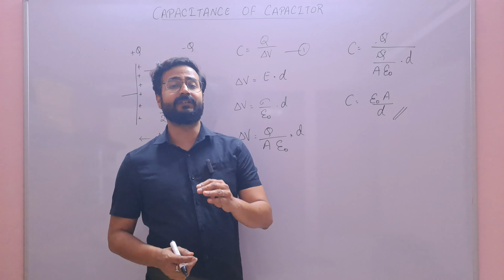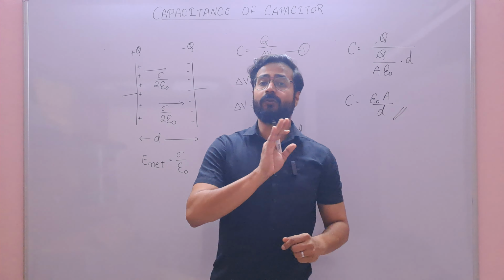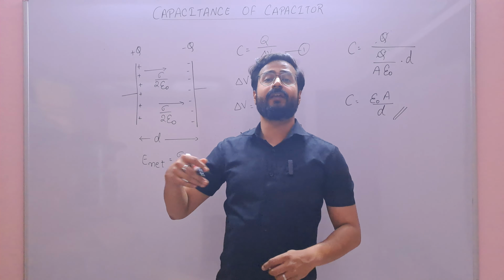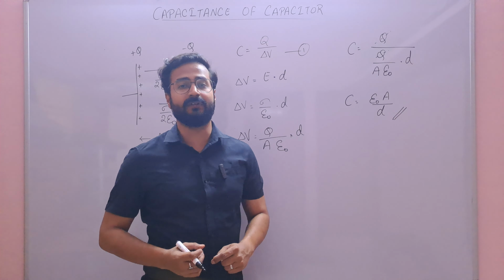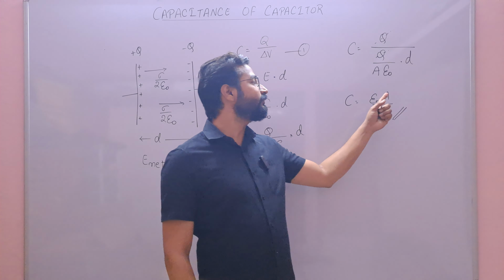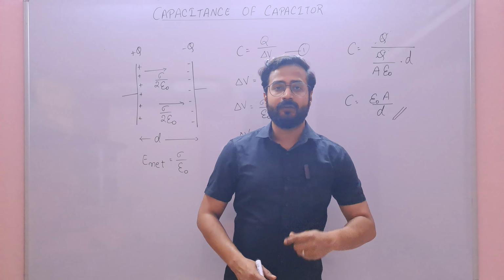That means the capacitance of this capacitor does not depend on the charge it acquires or the potential difference between the plates. It only depends on geometry and medium. Now we'll move toward a question on this parallel plate capacitor in which both the plates are not parallel to each other. They are at a certain angle. But we'll use this very expression in solving that question.